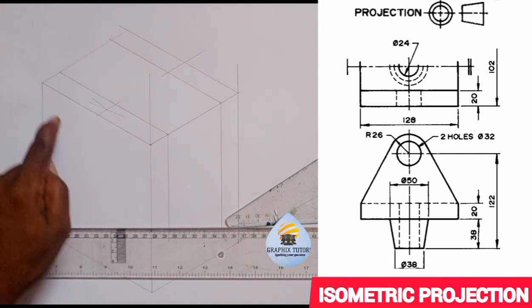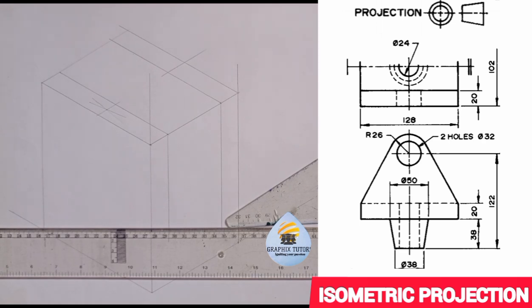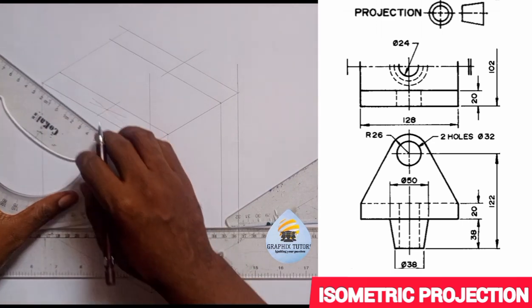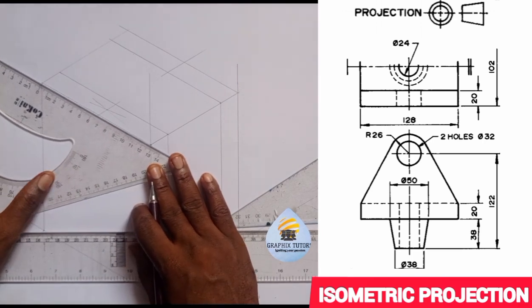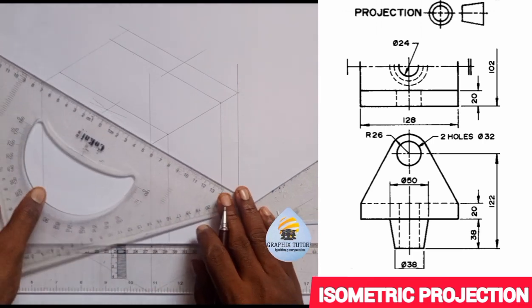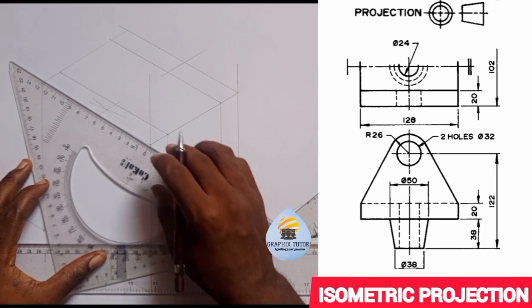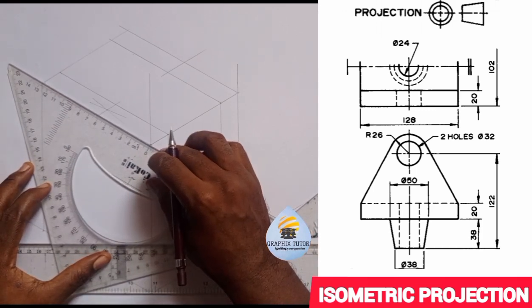If you don't follow that way, you can still do it this other way. Each from here to here is giving us 128. That means we'll be using 128 divided by 2, that will be 64. So you need to measure 64. If I measure 64 from this point here, this is 0 here.